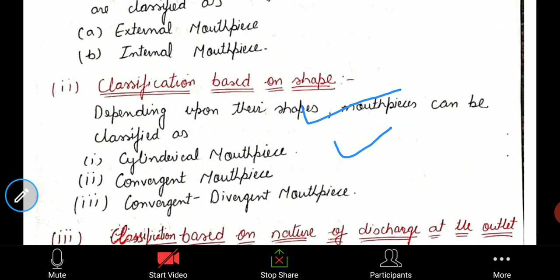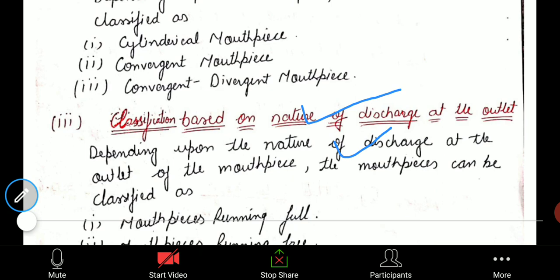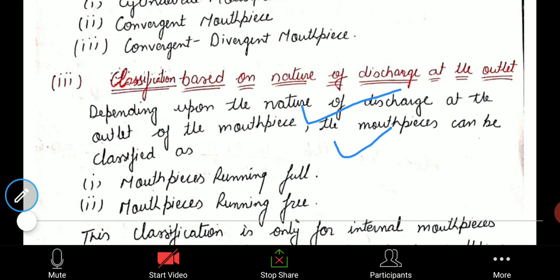Next comes classification based on shape. On the basis of shape, there are three types of mouthpieces: cylindrical mouthpiece, convergent mouthpiece, and convergent divergent mouthpiece. And another classification is based on the nature of discharge at the outlet. On the basis of this, there are two types of mouthpieces: mouthpieces running full and mouthpieces running free.